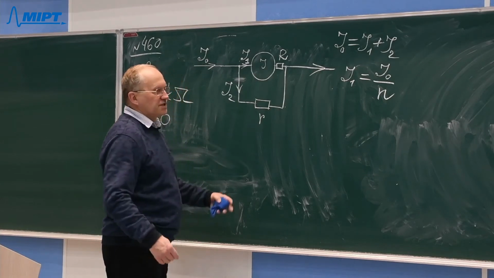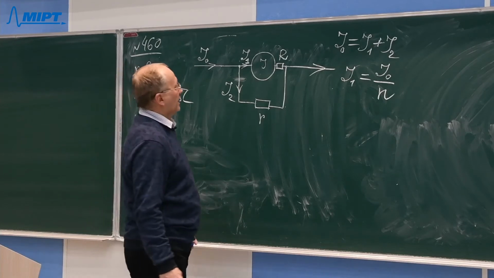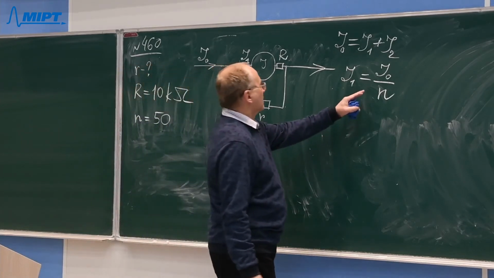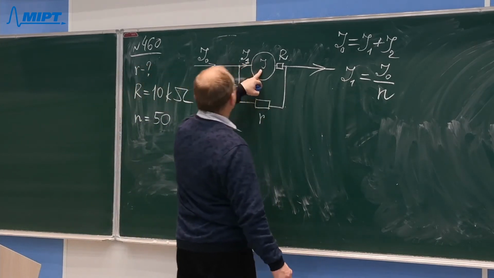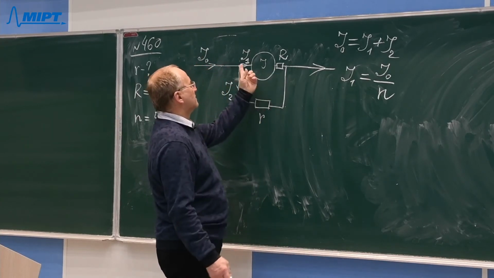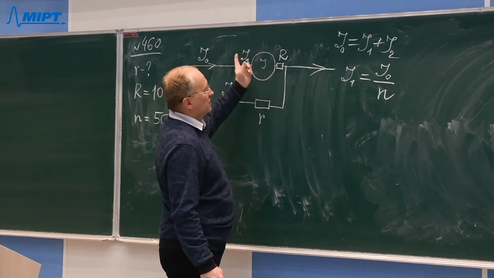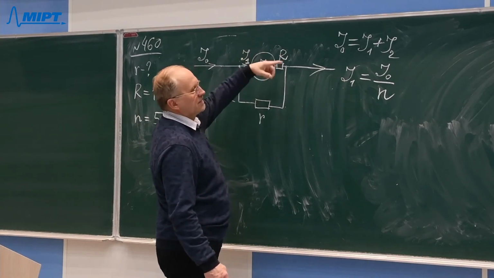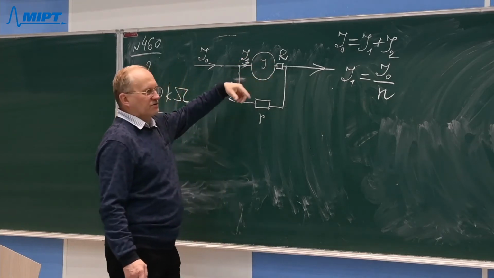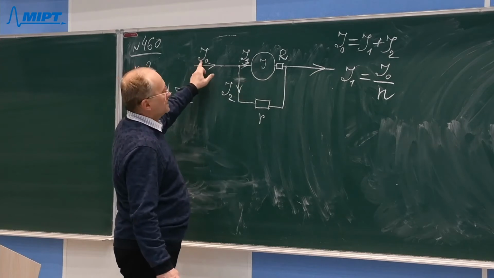So what does it mean to reduce the sensitivity? Suppose the galvanometer can measure the maximum possible current I0, which means that the device arrow will show the maximum possible number on the scale. It will have the maximum allowed reading of this device. That will be I0.